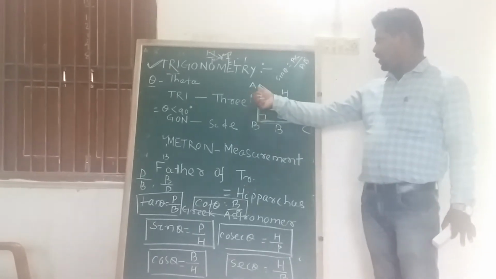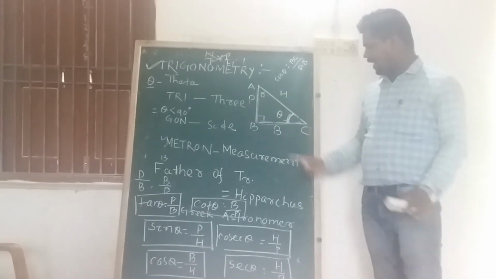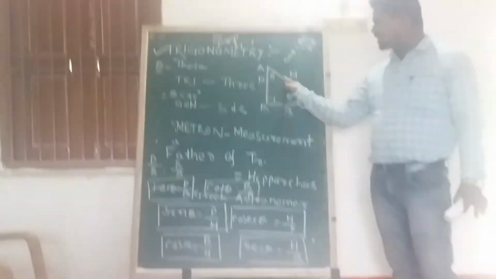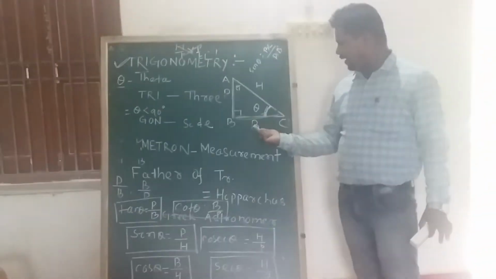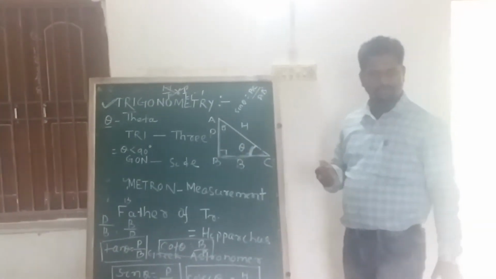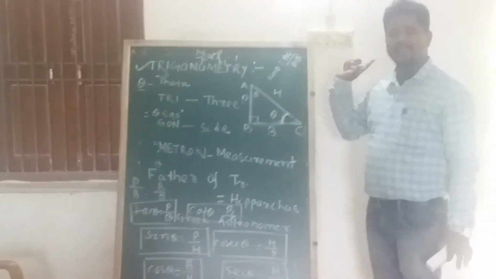Here P is perpendicular, H is hypotenuse and B is your base. Using these three sides, P, B and H, how many ratios can be designed? Mainly 6 ratios can be designed.